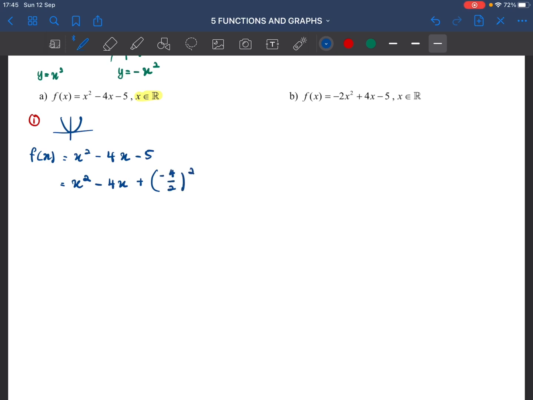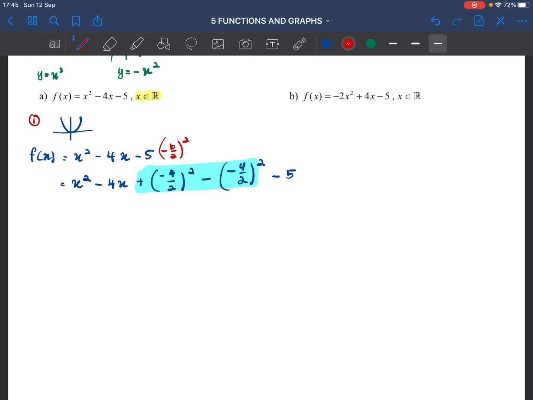Apa yang kita tambah dekat sini, kita akan tolak dia balik. Minus negative 4 over 2 square. And then we have negative 5 dekat sini. Okay, ini pertambahan dia lah. Ni saya ajar sekali je completing the square. Make sure lepas ni tahu macam mana nak buat. Okay, so this formula is negative b over 2 squared, plus negative b over 2 square minus negative b over 2 square.